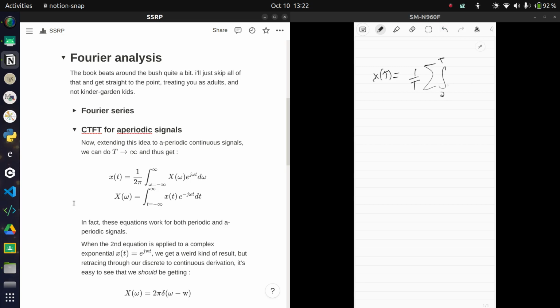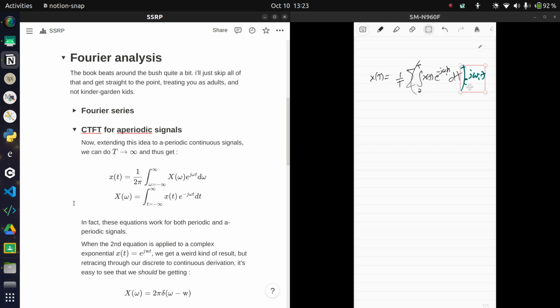It's 0 to T, and then you have x of t e power negative, just call it omega i t. Alright, cool. And this stuff times e power j omega i t. I guess there's supposed to be a dt involved in there.